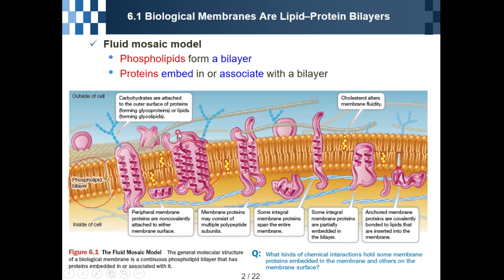Proteins are embedded, or associated, meaning they bind to the membrane like this. Fluid mosaic model means that the membrane is flexible, not rigid. Okay, so we will see some details.